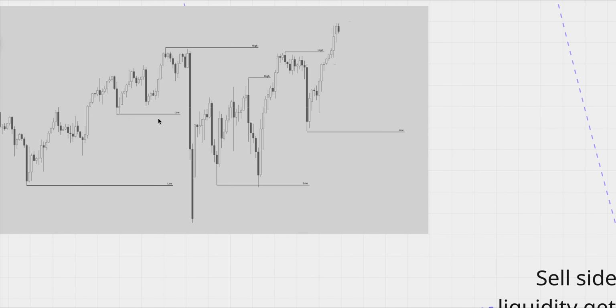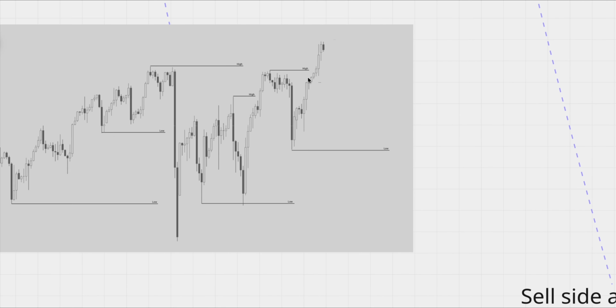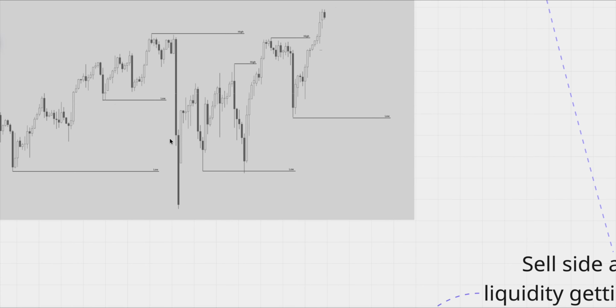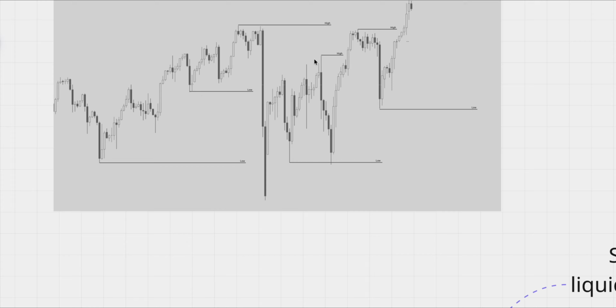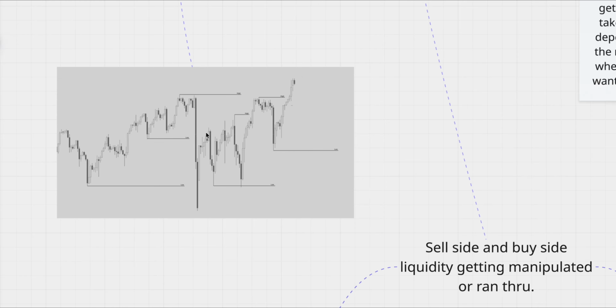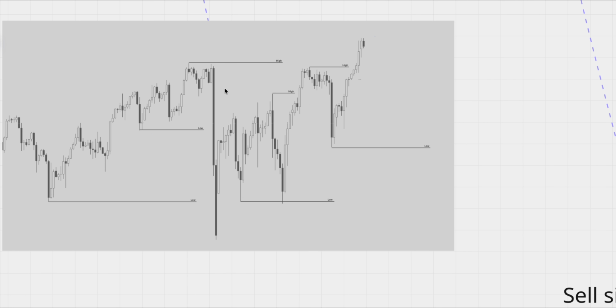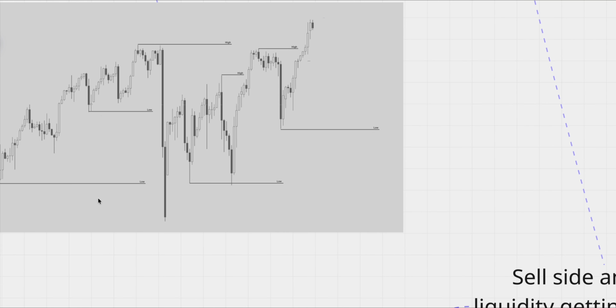So this one was ran through, this low was ran through, and that's all that was ran through in this range. So it's when we don't manipulate it and we keep going through it to whoever price wants to draw.